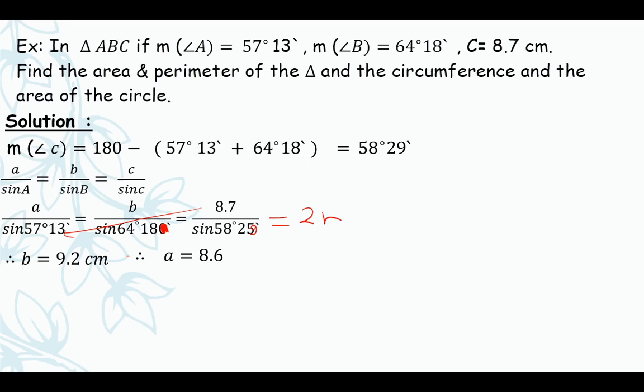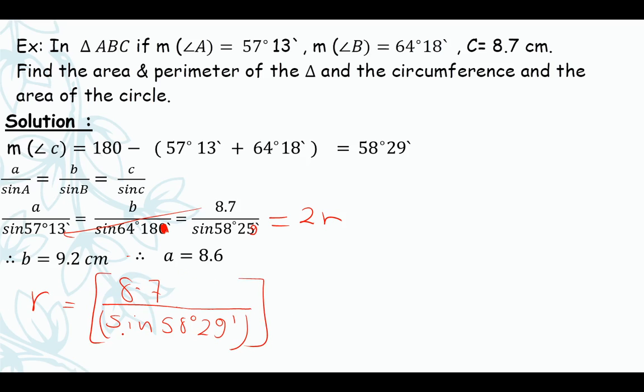Then to get the radius, I'll divide the ratio 8.7 over sine 58 degrees 29 minutes, all this value should be divided by 2. Therefore, the radius equals 5.1 centimeter.